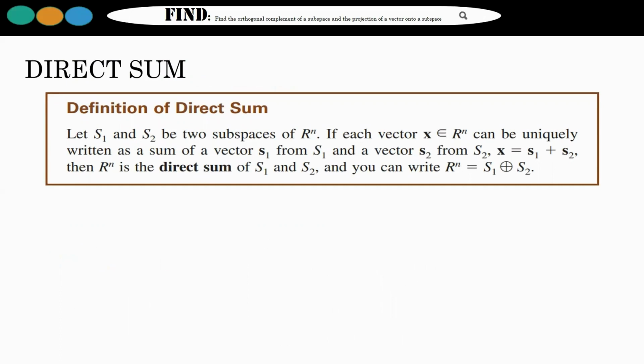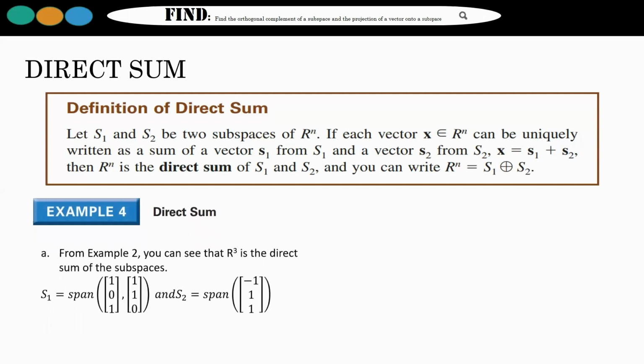If each vector x in R to the n power can be uniquely written as a sum of a vector S sub 1 from subspace S sub 1 and a vector S sub 2 from subspace S sub 2, so that x is equal to S sub 1 plus S sub 2, then R to the n power is the direct sum of S sub 1 and S sub 2, and you can write R to the n power is equal to S sub 1 direct sum S sub 2. So this is the direct sum.